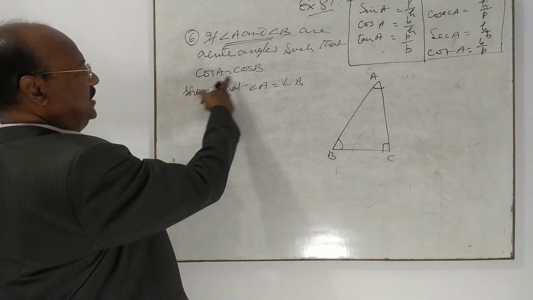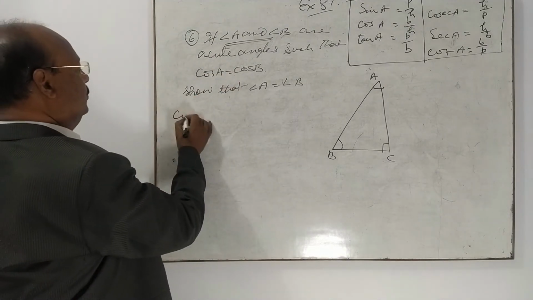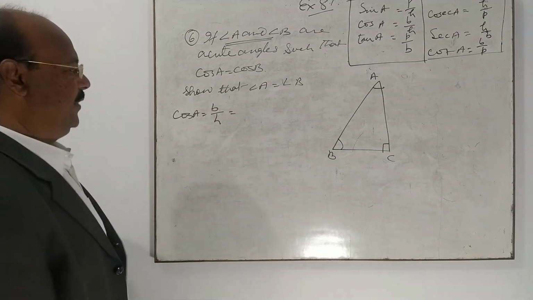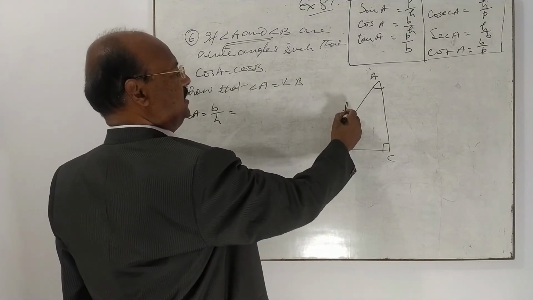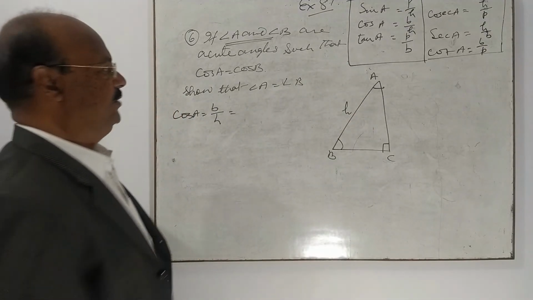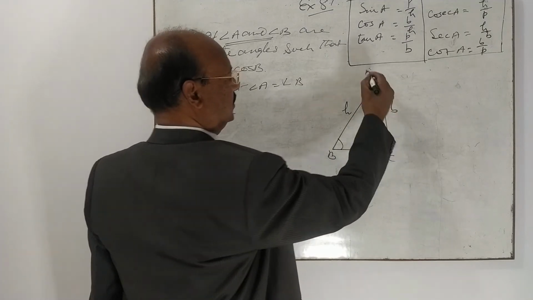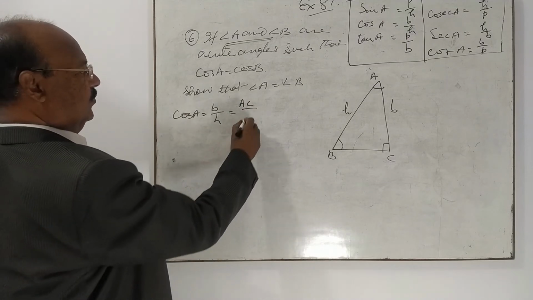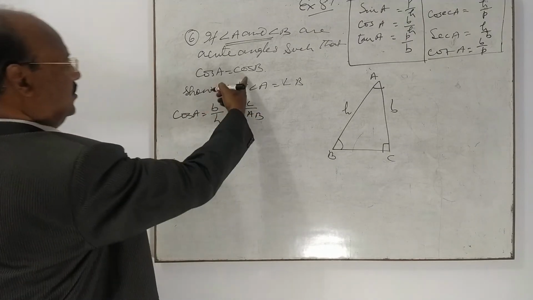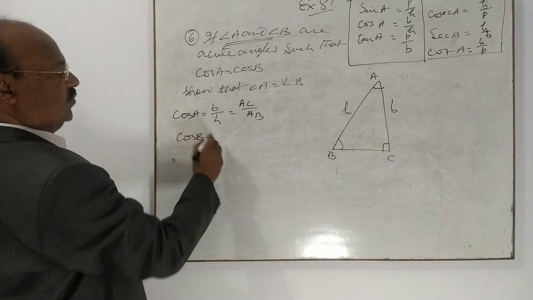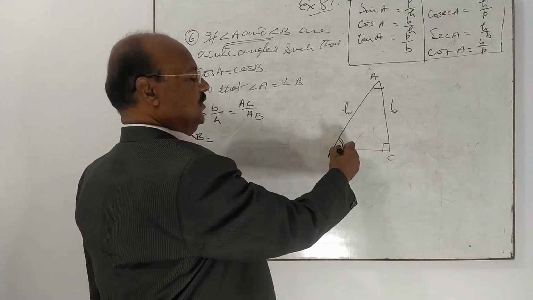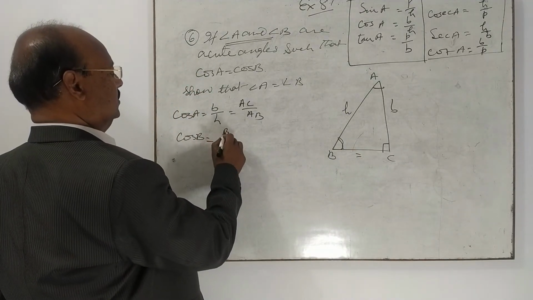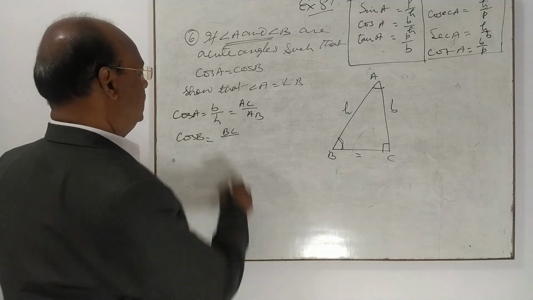And also given cos A is equal to cos B. So you know cos is base by hypotenuse. With respect to angle A, the hypotenuse is AB, the longest side, and the base is AC. So cos A is AC by AB. And cos B, with respect to this acute angle B, the base will be BC, so it is BC by hypotenuse AB.